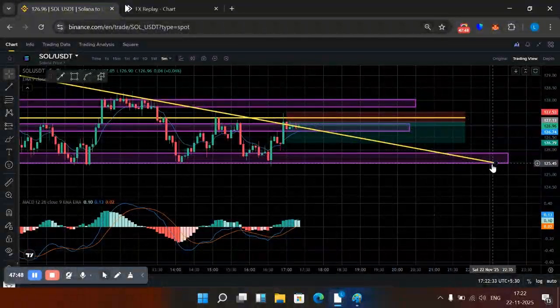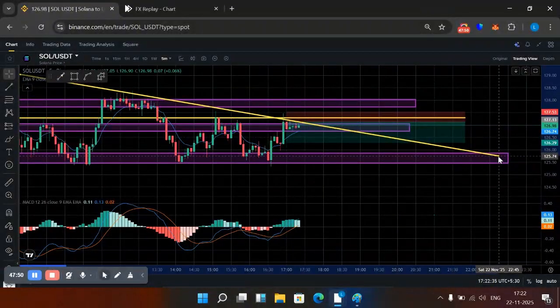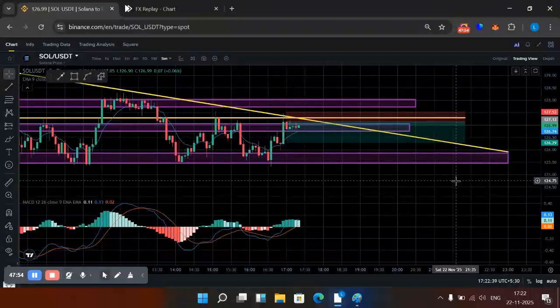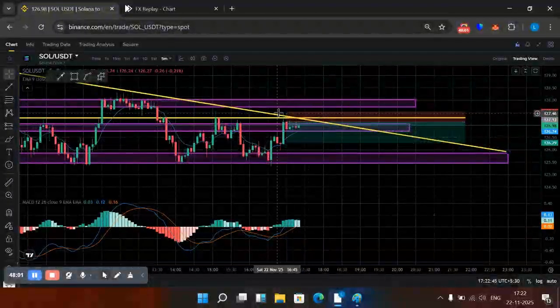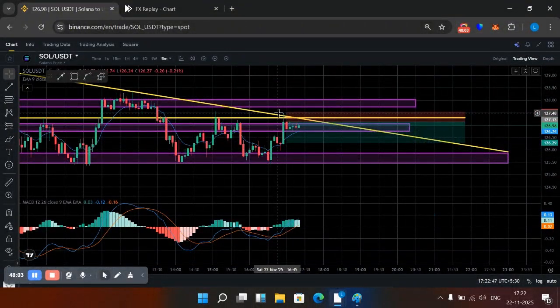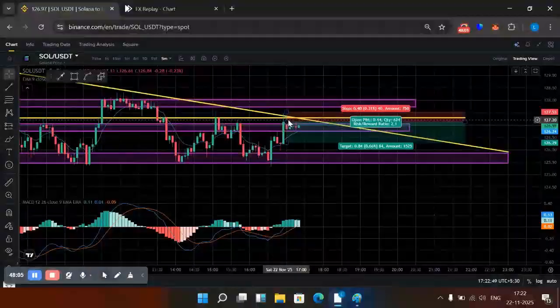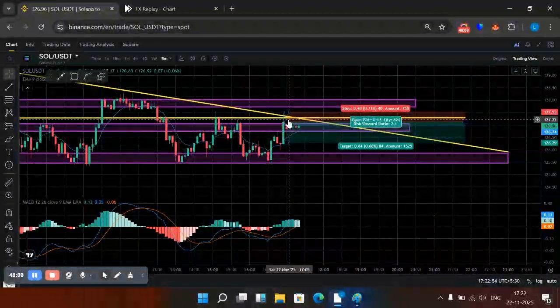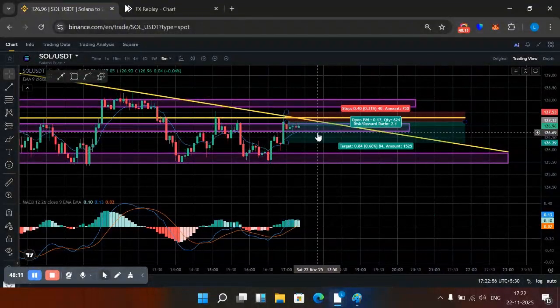And okay, it's a minor move up, so we can adjust it. Fine, we can adjust it like that. And obviously the wicks have gone till here, meaning still it is in that kind of resistance. Now our price or the market is going sideways.